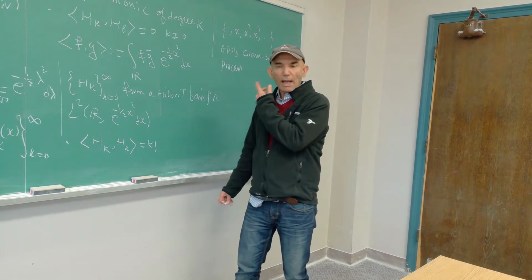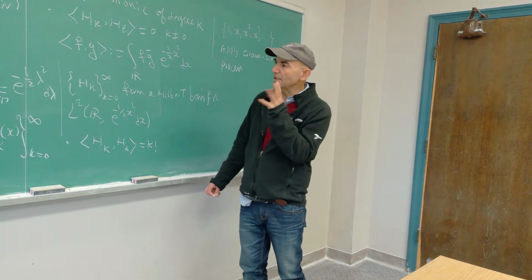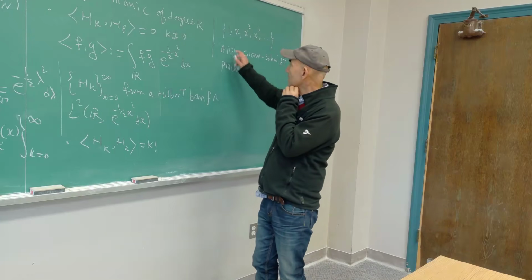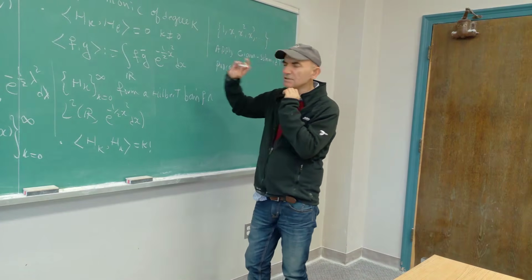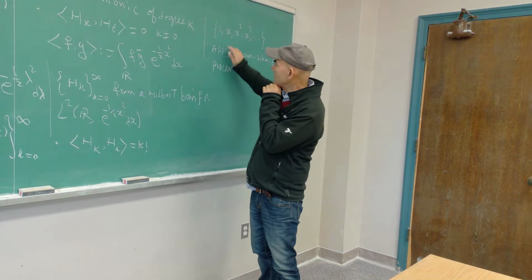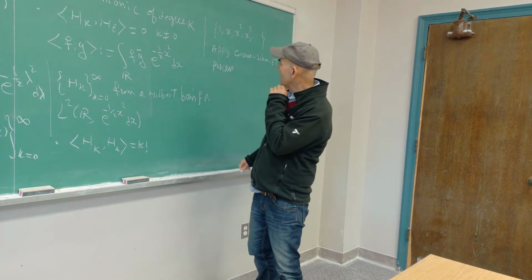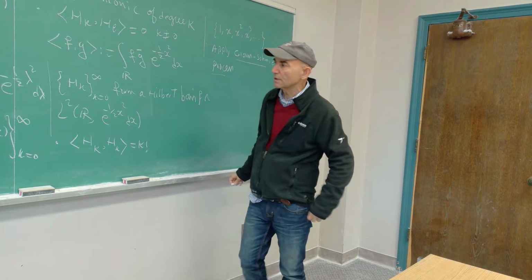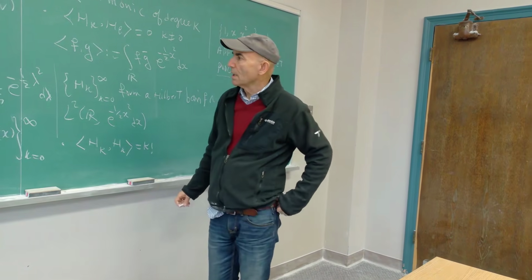I believe this actually gives you everything, but maybe there is some recursion formula that would be hard to find using this method, but even the recursion, you can get it by this method. So everything you can basically apply this method, the Gram-Schmidt process, which is a very, very nice and useful process.